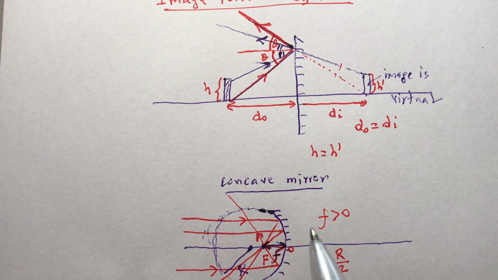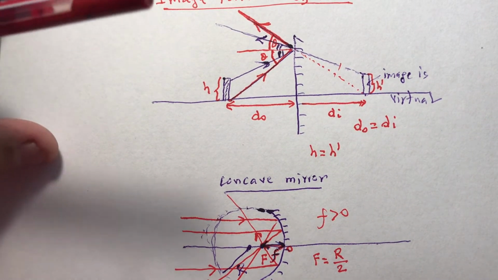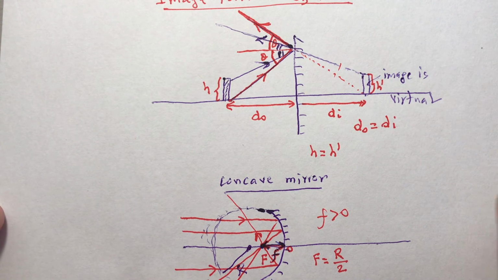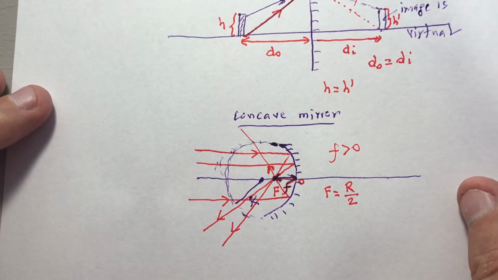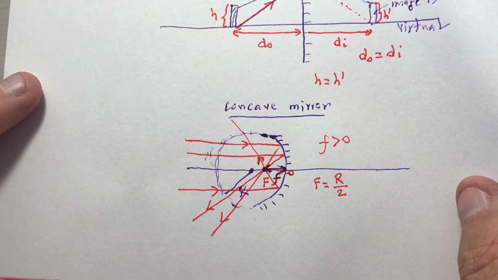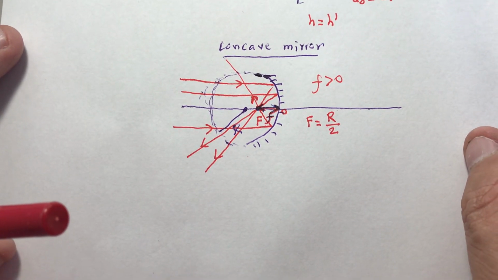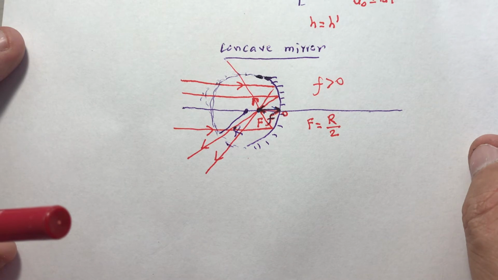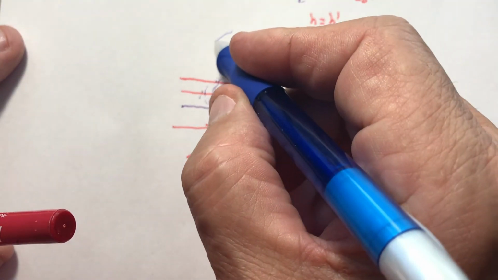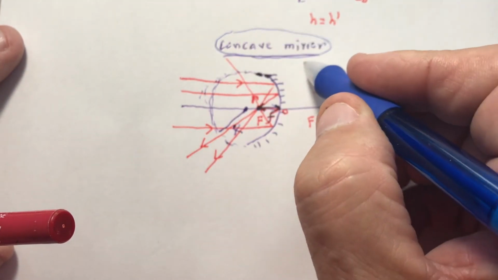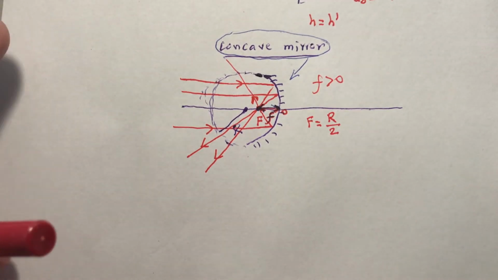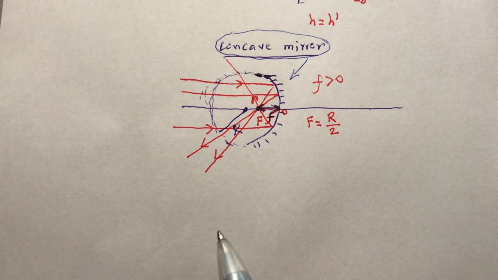This is for the concave mirror. So I need to straighten this up. Now let's study. So this is for the concave mirror. So I go like this. Go down.